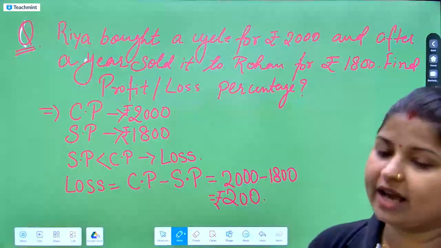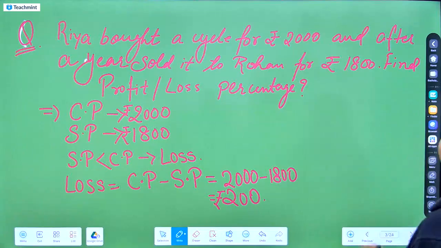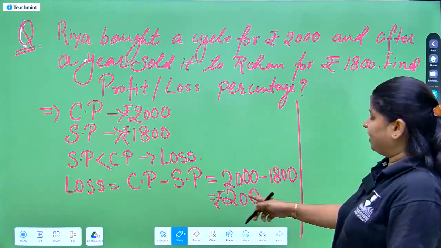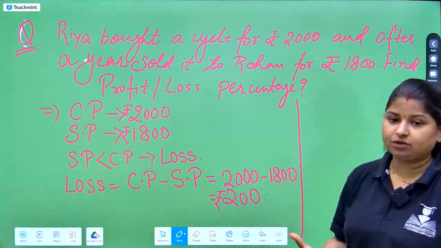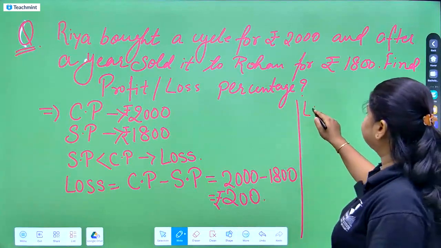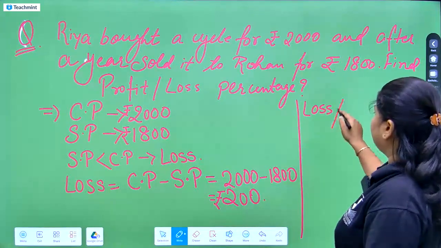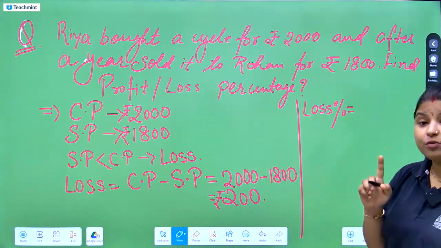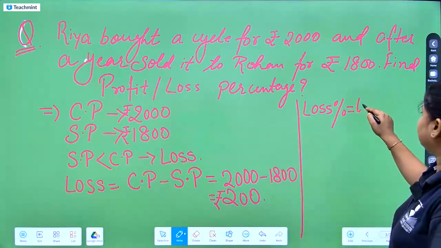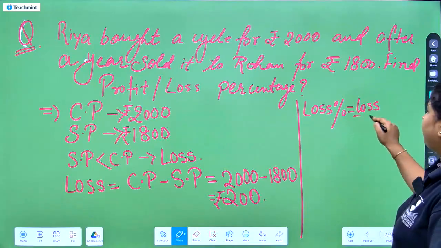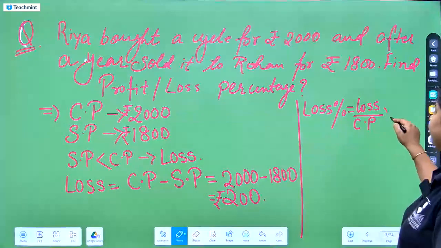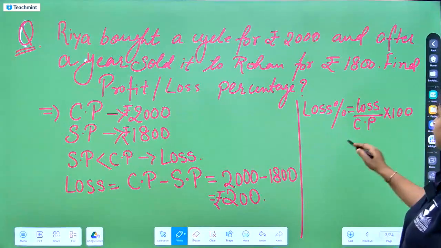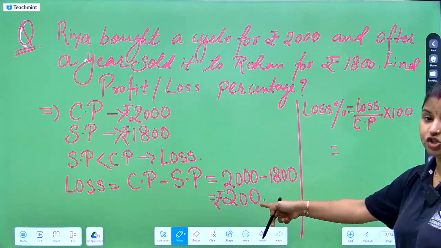Then what could I have done? I know it is loss, so I had to find loss percent. Formula for loss percent is loss upon my CP into 100. So loss is how much? 200.